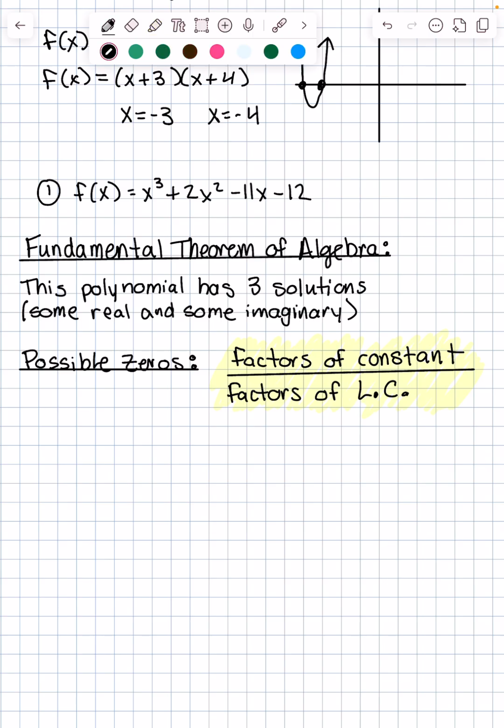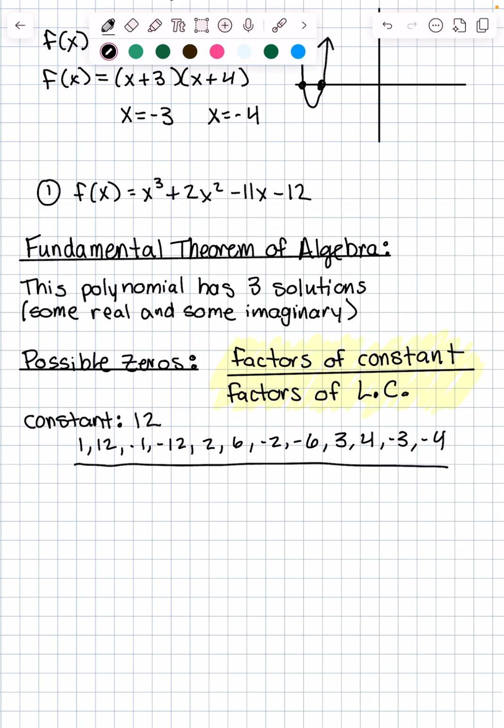So, for example, for number 1, my constant is 12, and the factors of 12 would be 1, 12, negative 1, negative 12, 2, 6, negative 2, negative 6, 3, 4, negative 3, negative 4. So those are the factors of my constant divided by the factors of my leading coefficient.